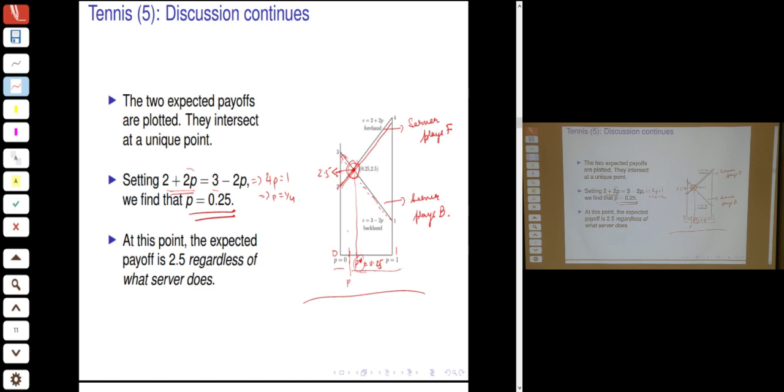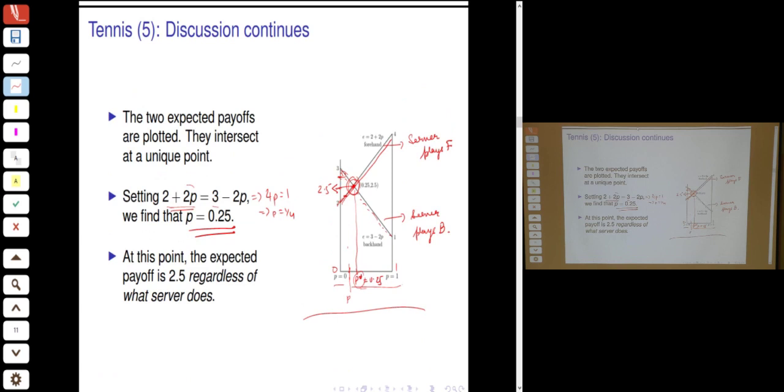So, the payoff will be somewhere here, higher than 2.5, but that is only if the server plays backhand. The server can switch his strategy to forehand, and immediately your payoff will drop below 2.5, right. So, if you employ a mixed strategy with parameter P smaller than 0.25, and do it over many turns of the game, then your opponent can figure that out, and he can switch his strategy to backhand, and immediately for that value of P, your expected payoff will drop below 2.5. So, you are going to lose.